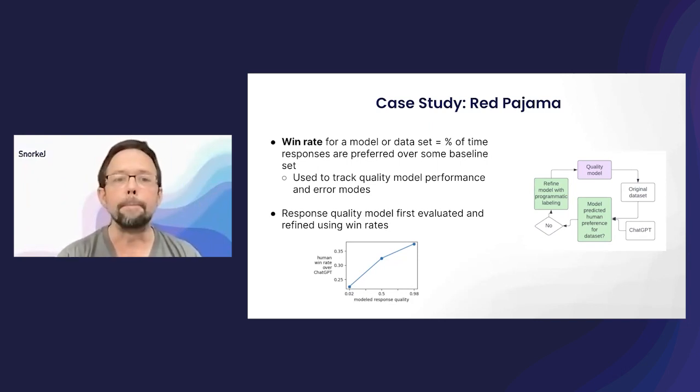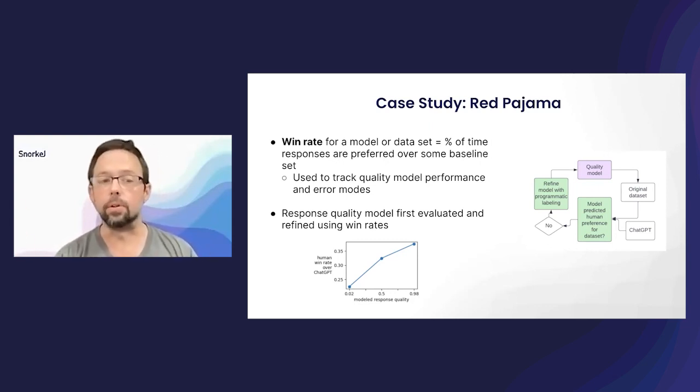We evaluated the response quality model using these win rates initially by plotting human win rate over ChatGPT. We had labelers on a small set. We asked them in a double-blind experiment whether they preferred dataset responses to what was produced by ChatGPT, and then we asked, could our response quality model predict whether the data was preferred over ChatGPT or not?